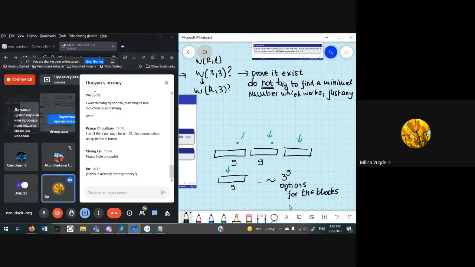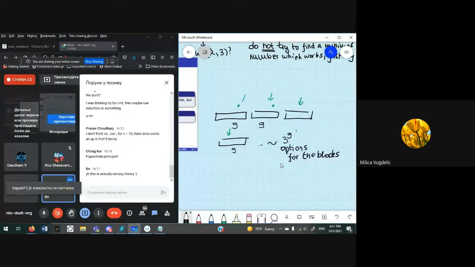I mean, that's a good direction. It won't really work, but the general idea of dividing stuff into small blocks and then thinking about them repeating is nice. Where it fails here is that, okay, I know that at some point I will have some identical blocks.